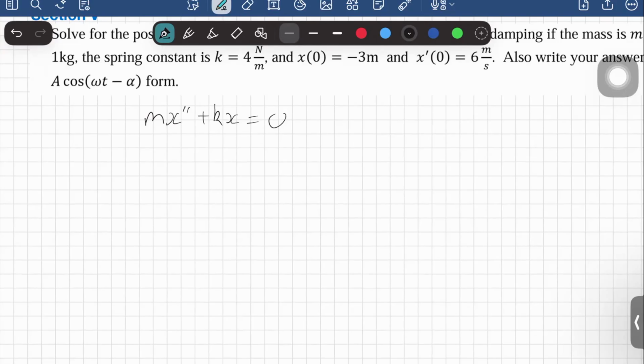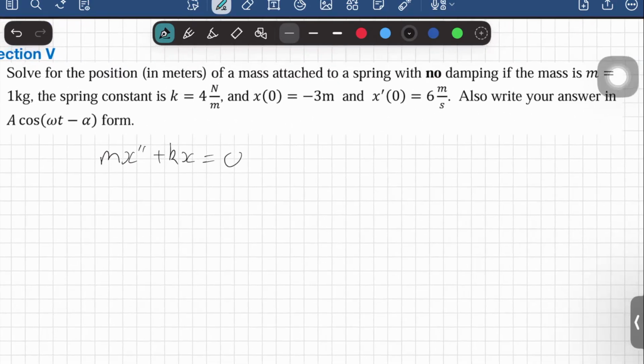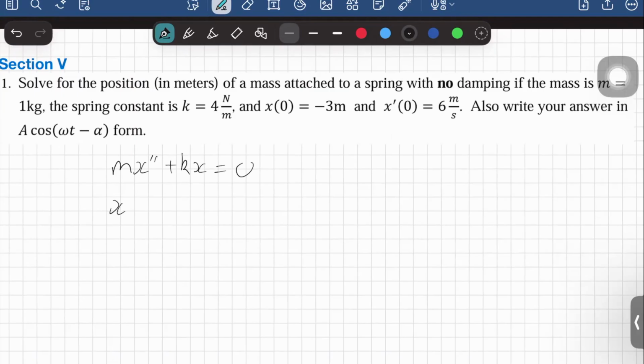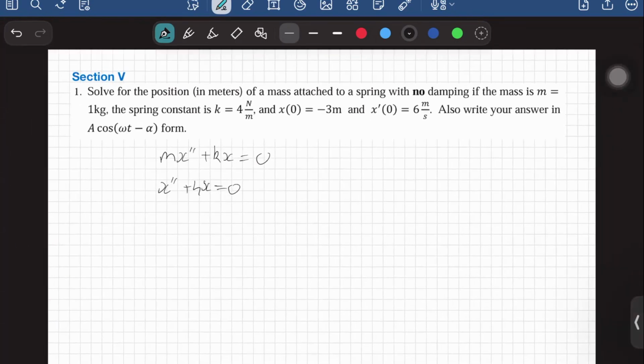And what is given to us is mass is 1 kilogram, so I can just plug this in as 1, and anything multiplied by 1 is the number itself, and k is given as 4, so plus 4x equals 0. And we are going to find the characteristic equation for this one as well. So we can just substitute x double prime with r squared.